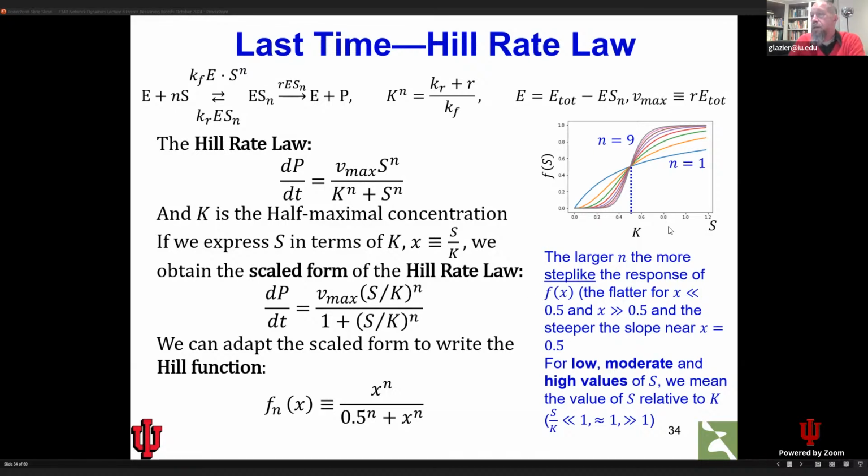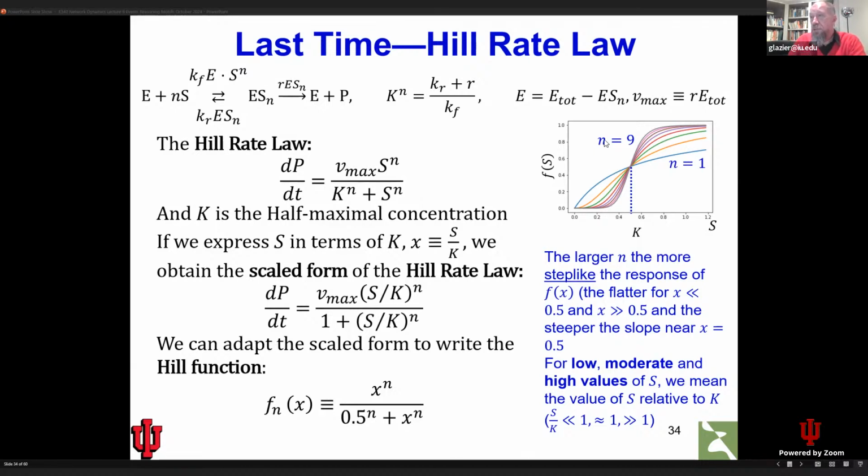But the key thing, again, if we look at this plot, is that f is always equal to 1/2 at k, when s equals k. It's always 0 at 0. It always saturates at 1 as I go to very large values of s.